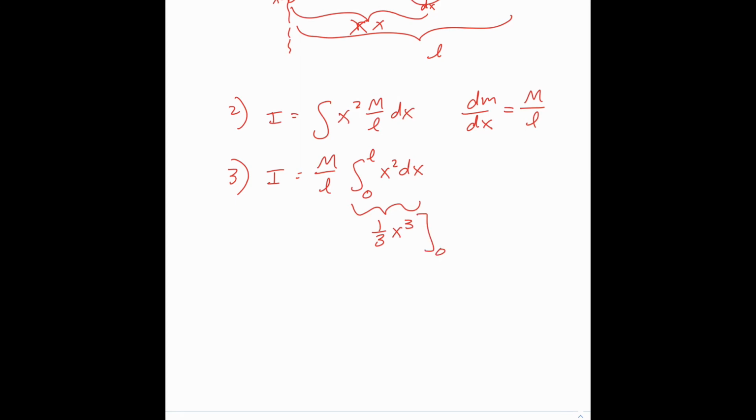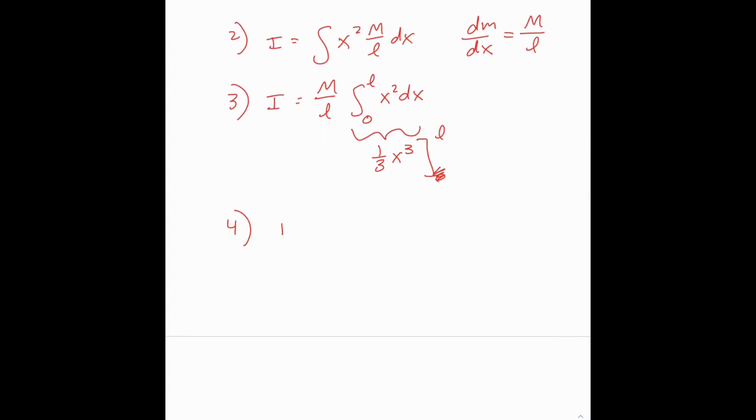We have to evaluate from 0 to L. Evaluating for 0 is very simple. So what we really have in our final step is I equals m over L times 1/3 L cubed.